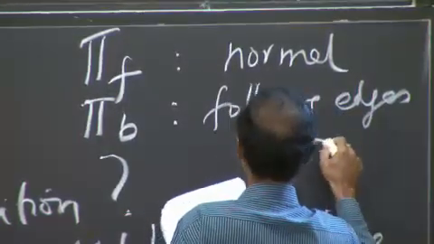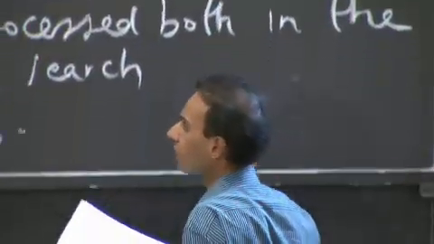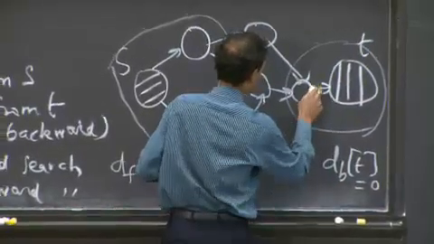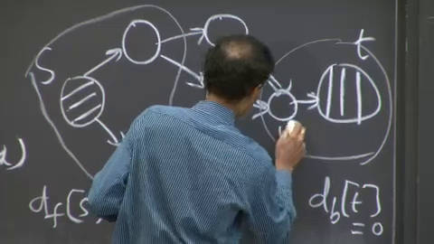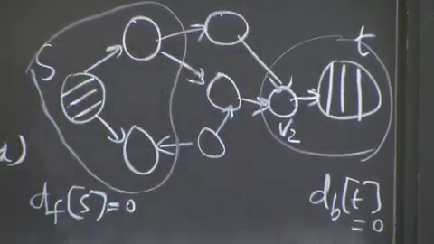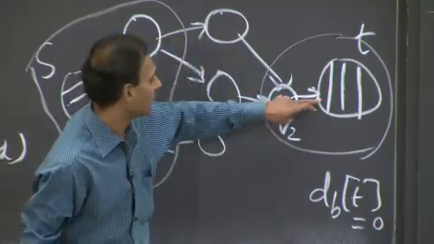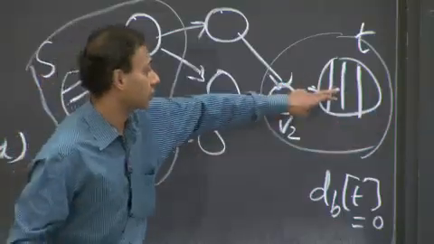So in some sense, the predecessor, so in the case of pi b, what you're saying is on this node here, which I'll call V2, for example, if I'm going to choose this path here, I need to obviously choose this edge here in any shortest path that gets to T, right?